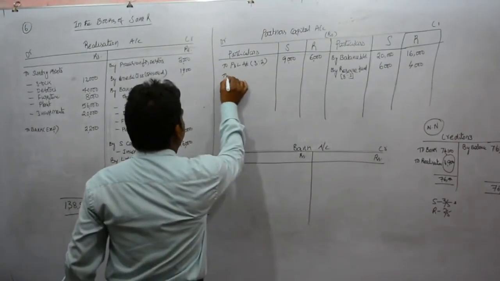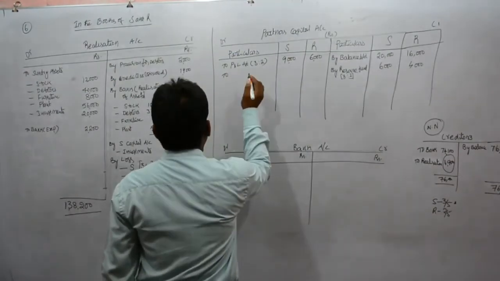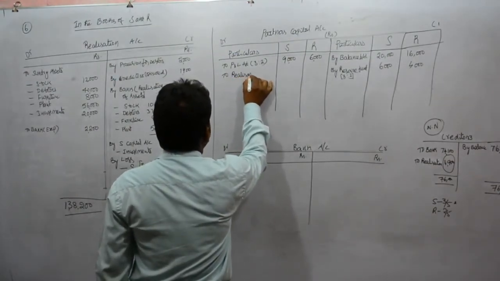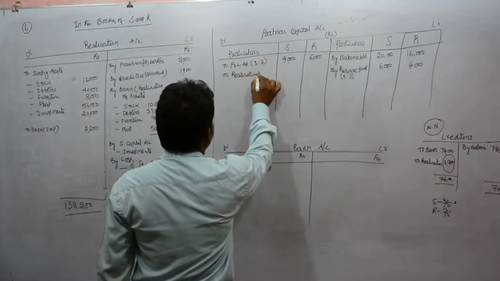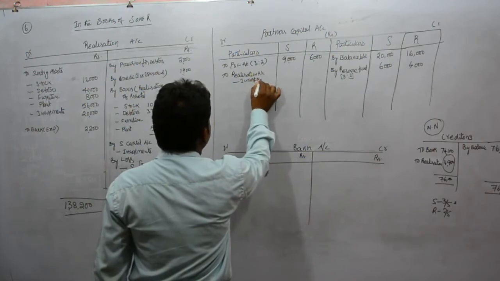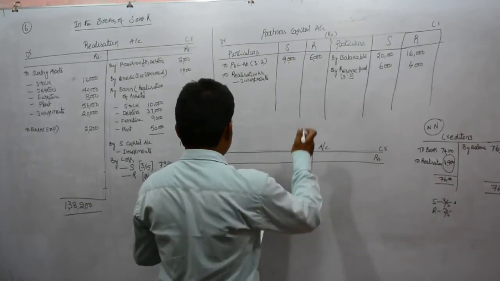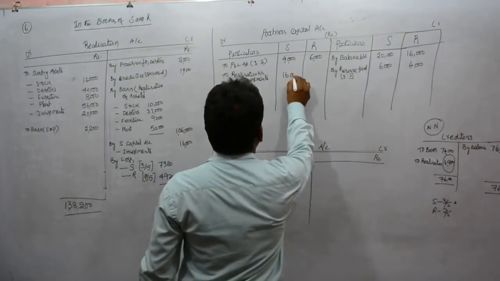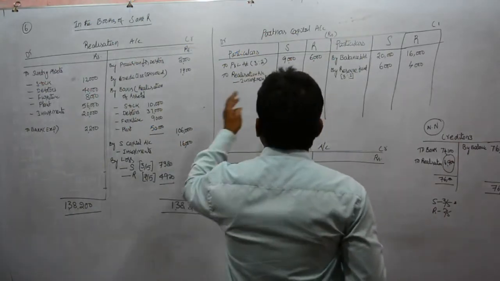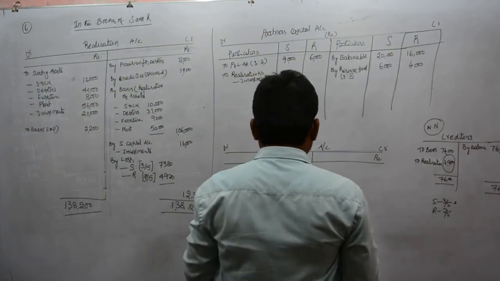Next, what are the transactions between the partners and the firm? Where one of the partners has taken over the investments. Therefore, realization account, investments, the value is 16,000. Okay, and there is a loan account.